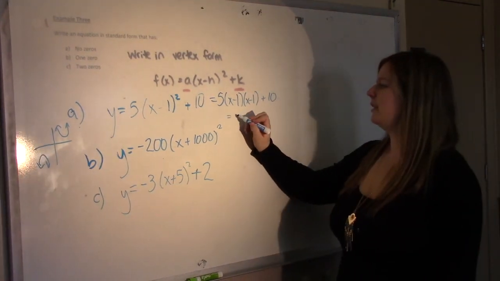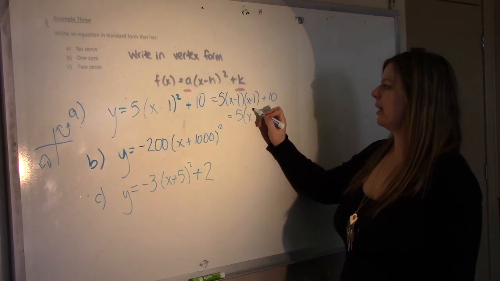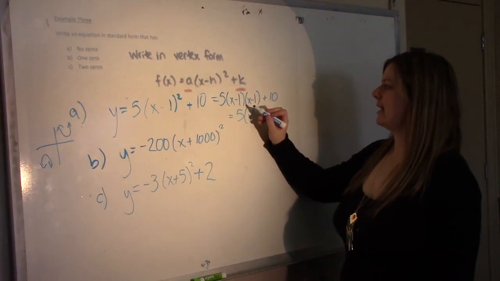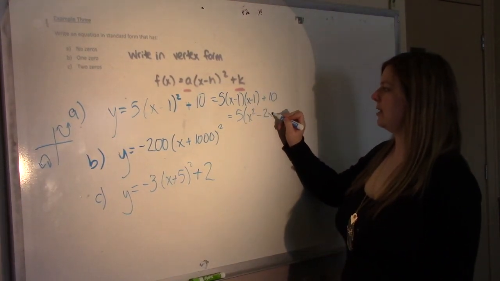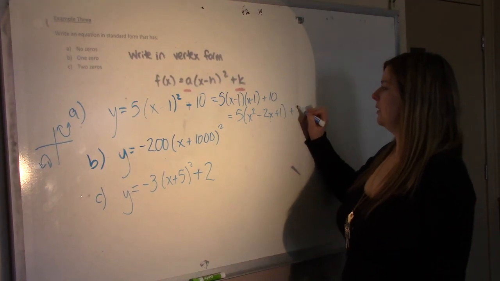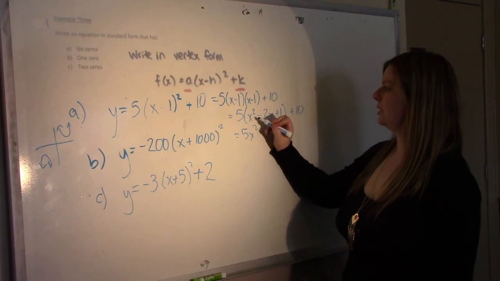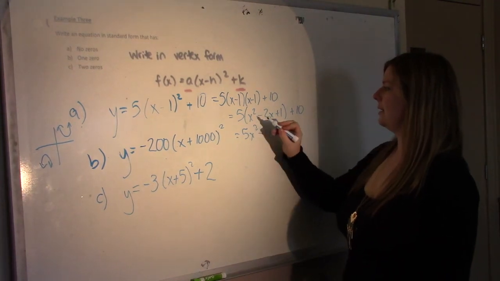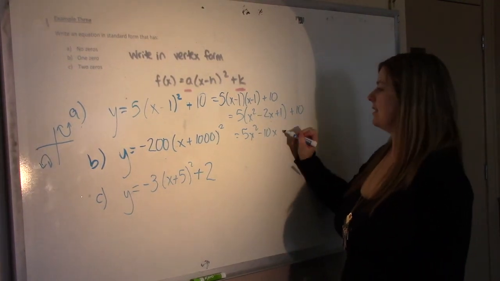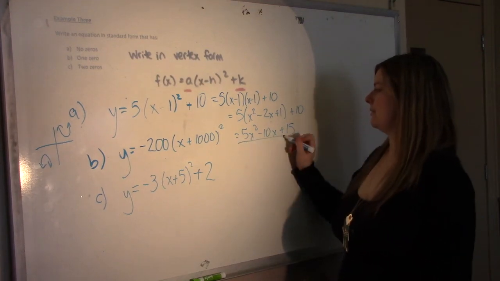So this would become x squared minus x, and then another minus x, so minus 2x plus 1. Then 5x squared minus 10x plus 5, but then you're adding this 10, so I can just do that all at once. It'd be plus 15.